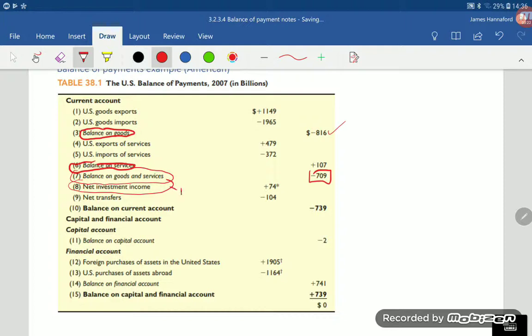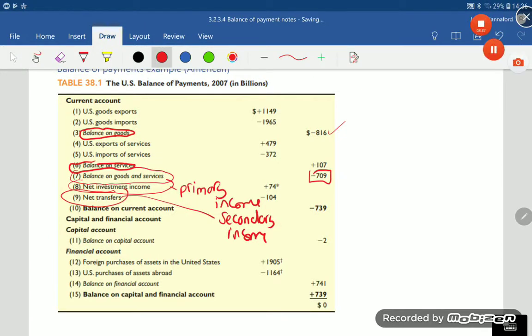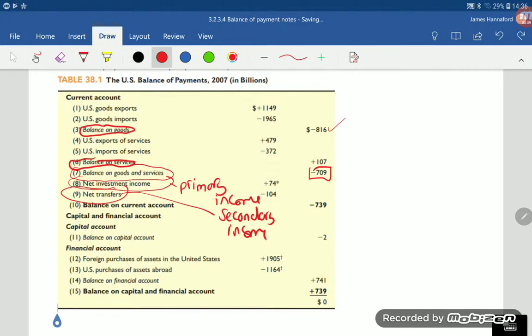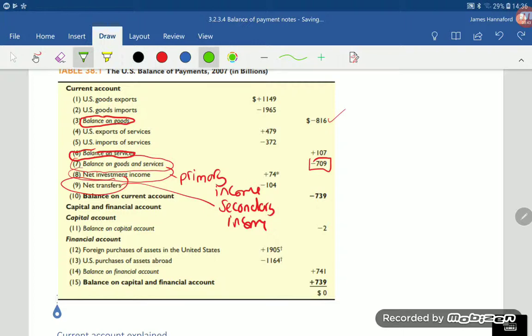The other sections worthy of mention are, of course, primary income and secondary income. It should also be noted that when we consider just the balance on goods and services, this is called the trade account.